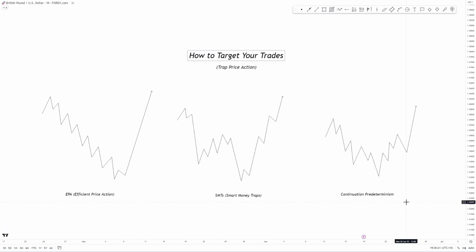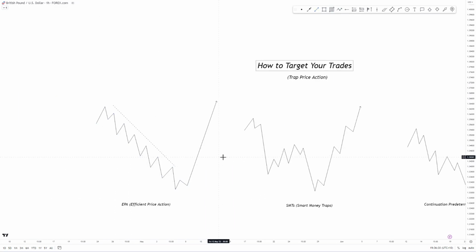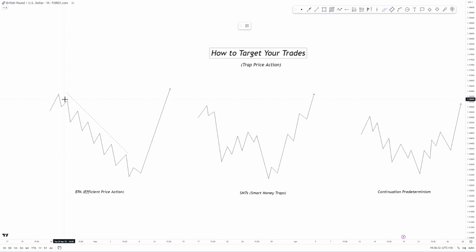So with an EPA, just like we said, what we're doing here is we're grabbing the orders from each supply and we're moving them down, okay? Every time we move down these orders, we're mitigating that money down. So when we come back up to meet these points, yeah, we might have some pullbacks, okay?